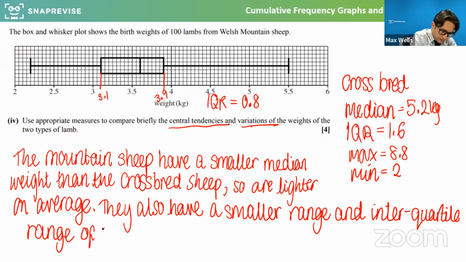Do let me know if there's any bits that are unclear and you want me to rewrite. So I'll reread that. It says the mountain sheep have a smaller median than the crossbred sheep, so are lighter on average, and they also have a smaller range and interquartile range of weights.